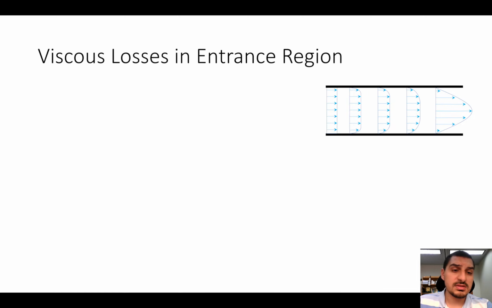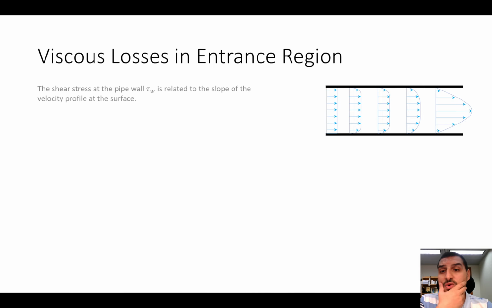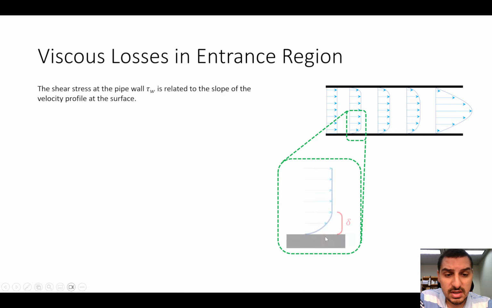Okay, so this is what we need to know about this. So now the question: why are we interested in studying the entrance region and the boundary layers and all these things? The importance is that the velocity profile at the wall, if you look closely here, shows how the velocity is changing with the distance from the walls of the pipe.